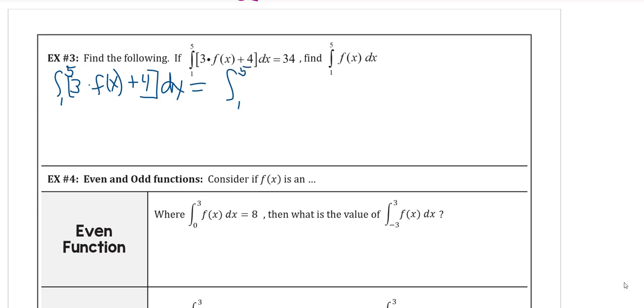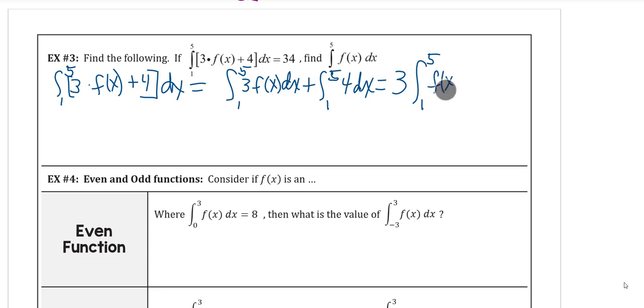So this will be the integral from 1 to 5 of 3f of x dx plus the integral from 1 to 5 of 4 dx. And then the next thing we can do is factor out our constant of 3. So that will be 3 times the integral from 1 to 5 of f of x dx.